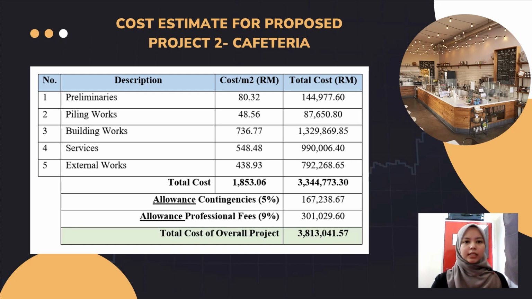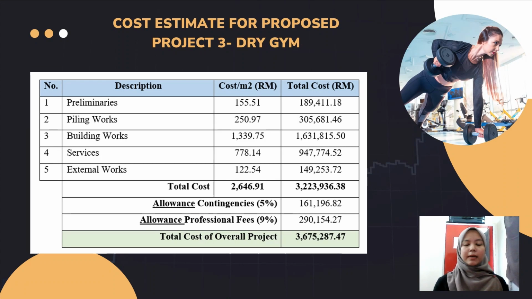Now, we can see from this figure that the total cost of proposed project 2, which is a single-story cafeteria, is around RM 3.8 million, including both allowance for contingency and professional fees. Last but not least, the total cost for proposed project 3, which is a single-story dry gym, is around RM 3.6 million, inclusive of all necessary works, 5% contingency and 9% professional fees.